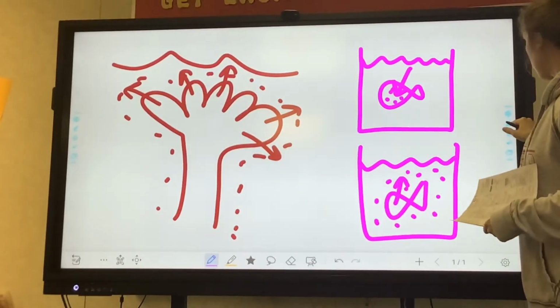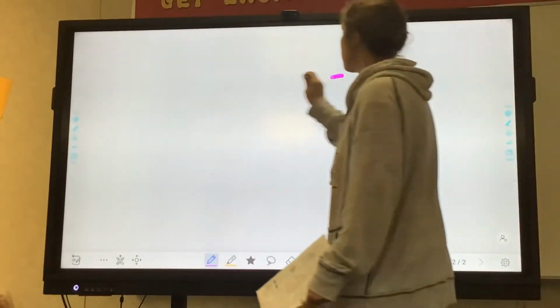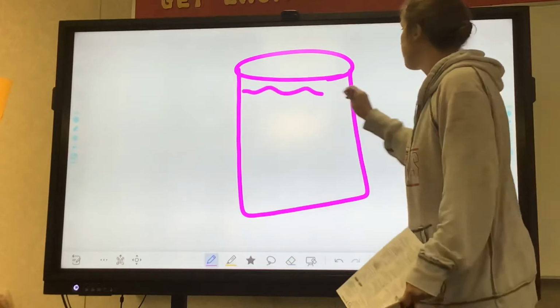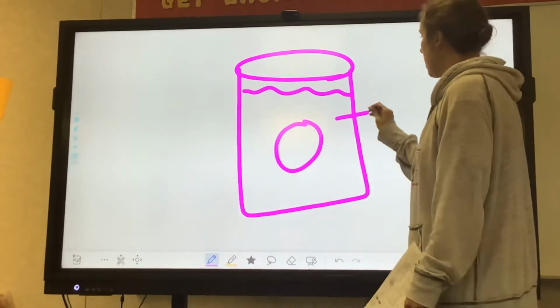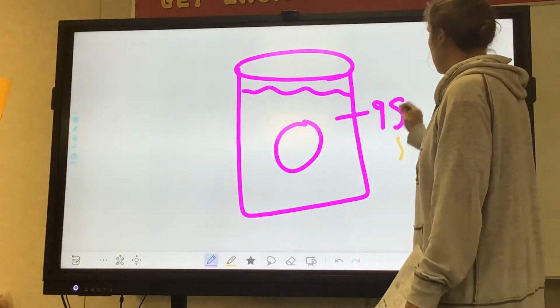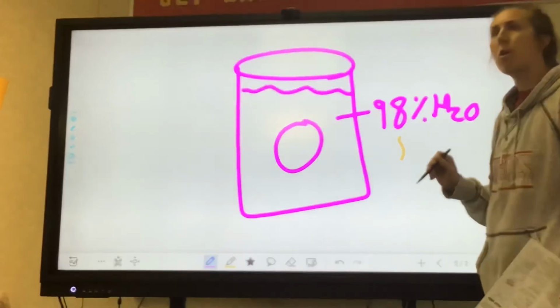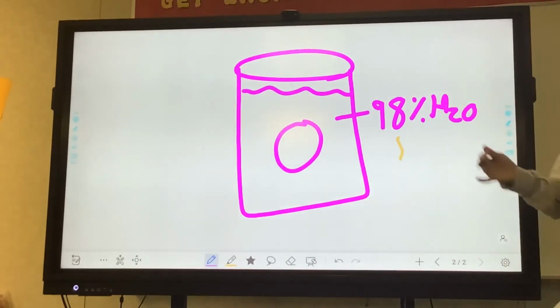The only other thing that I want to show you is, they do have questions that kind of look like this, okay? You have something right here. This right here is 98% water, okay? How many particles are in it? 2. So remember, it always is out of 100.